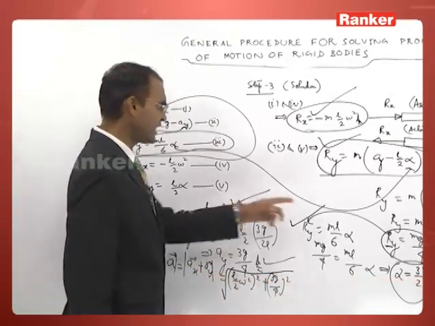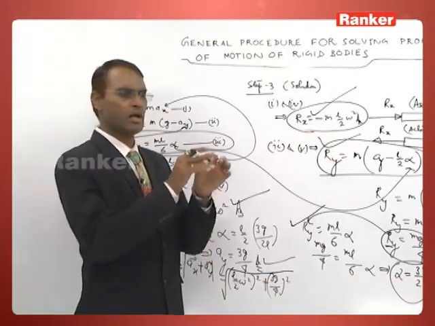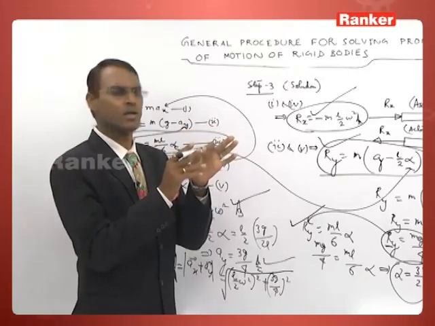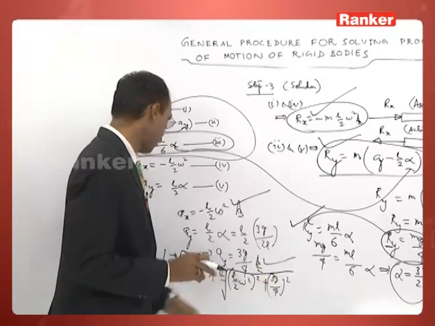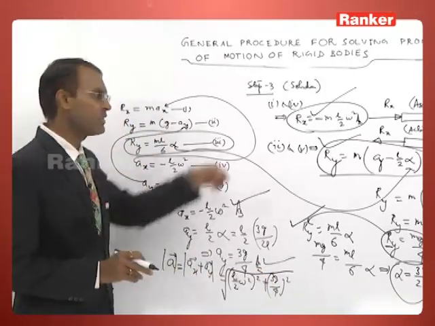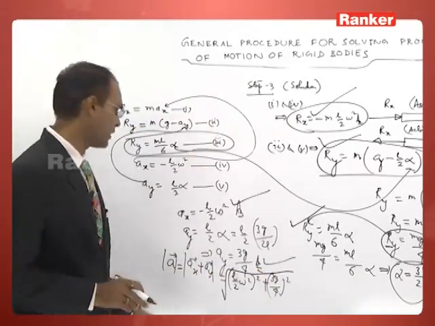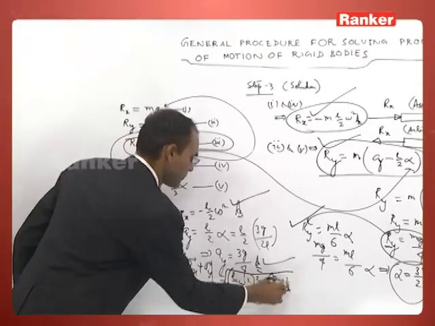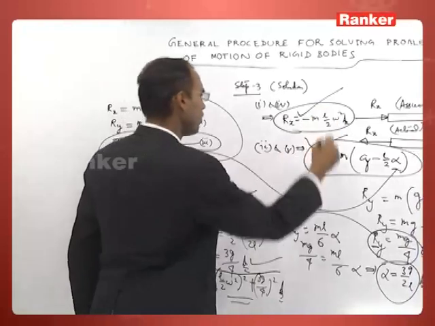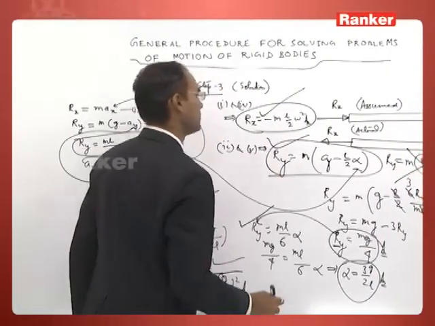If initially it is given that the rod is released from rest, then you can substitute omega as 0 and you are getting 3g by 4 as the total acceleration, that is vertically downward. But this is a more general solution, answer. And angle, as I told, you can calculate the angle.